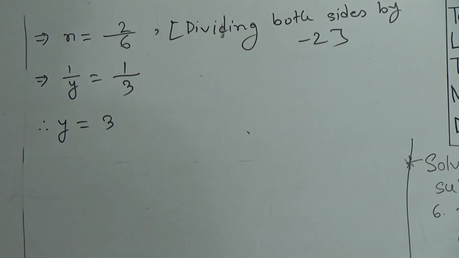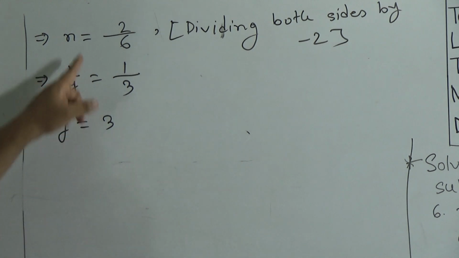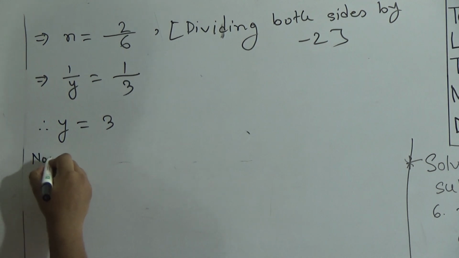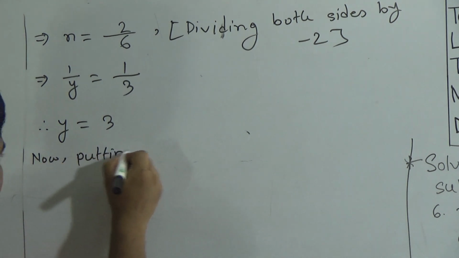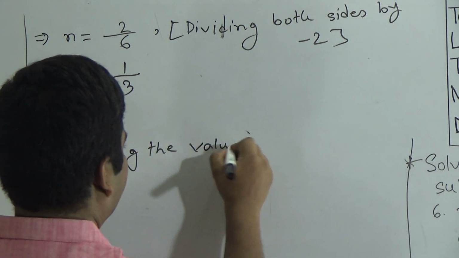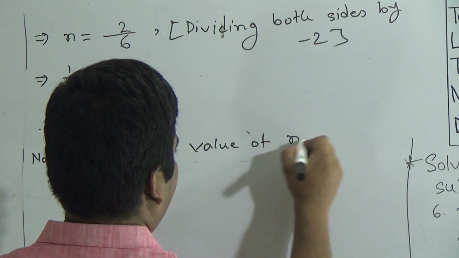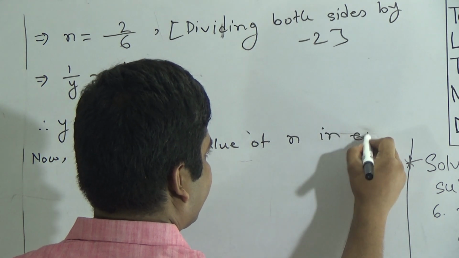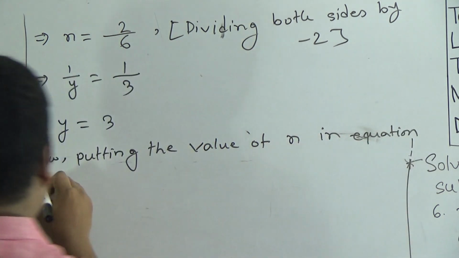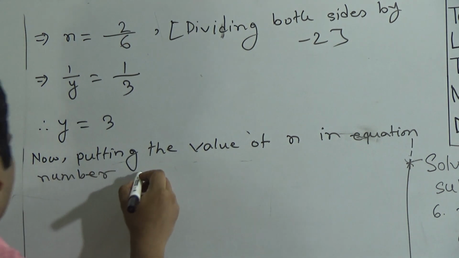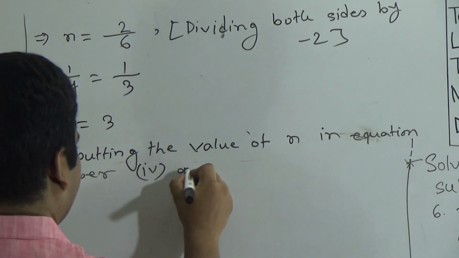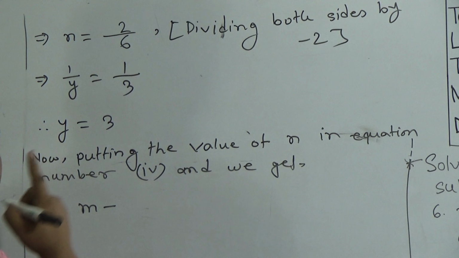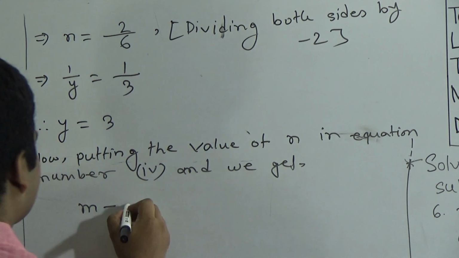I hope you have understood. Now putting the value of n in equation number 4, we get m minus the value of n, which is 2 by 6.